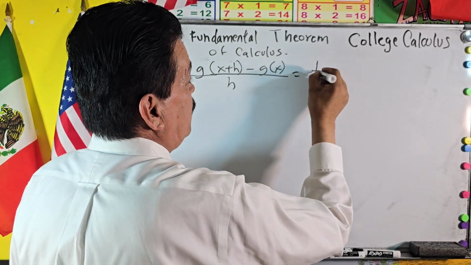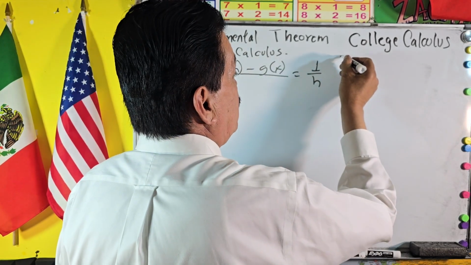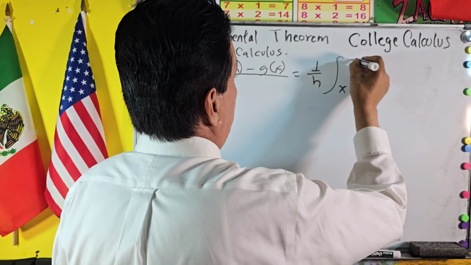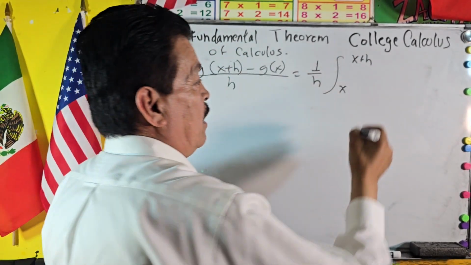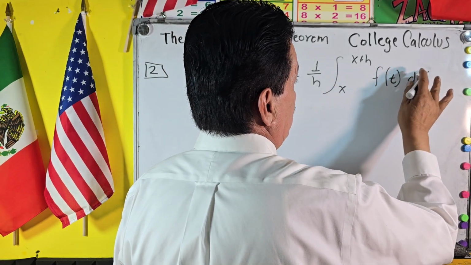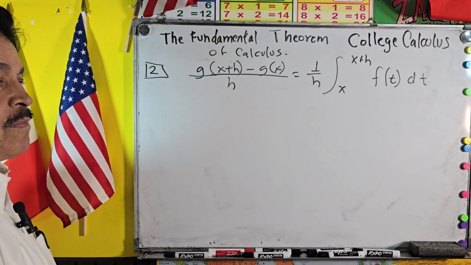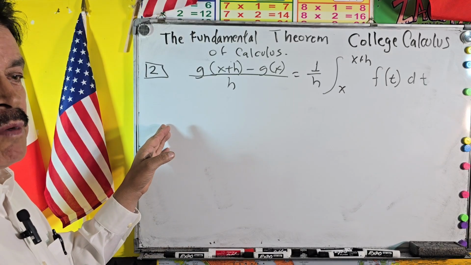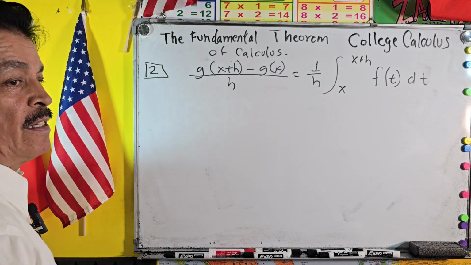So we have this step number 2, the explanation number 2, by property 8.